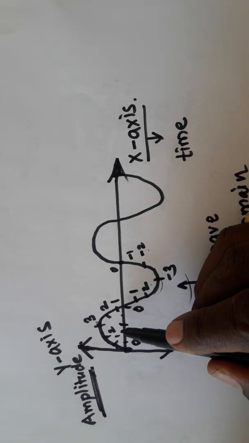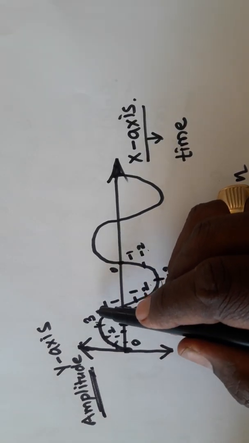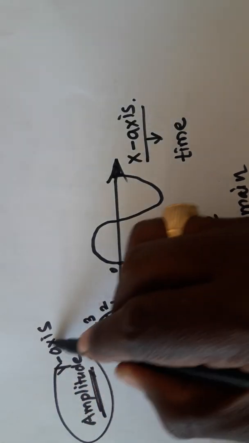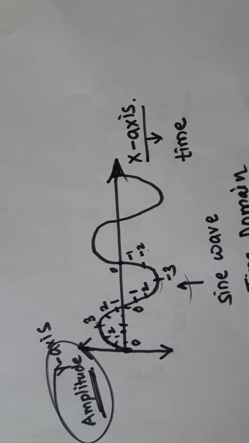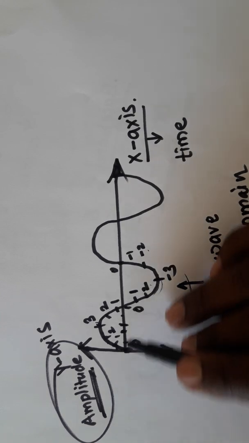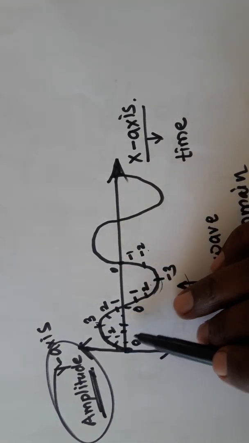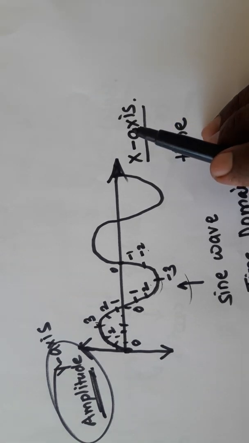So every time we have a change in value, and that change in voltage level is defined as the amplitude. So the first concept is cleared: amplitude is nothing but the voltage levels with respect to time, right?